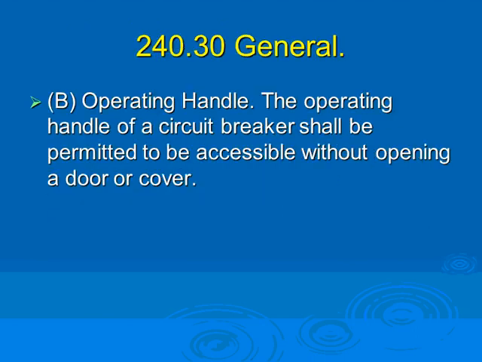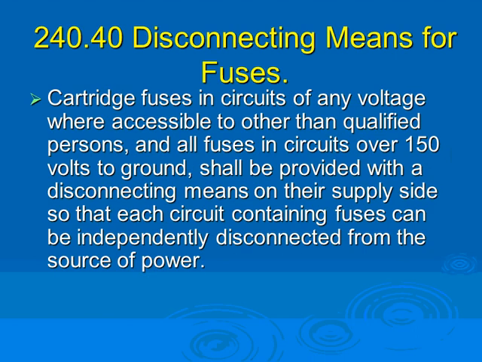So that's a couple of things we can handle. Disconnect means for fuses. A couple of things, guys, about fuses. Cartridge fuses in circuits of any voltage, where accessible to other than qualified people, and all fuses in circuits over 150 volts to ground (150 to ground, I'll give you 277, 480, right?) shall be provided with a disconnect means on their supply side so that each circuit containing fuses can be independently disconnected from the source of power.